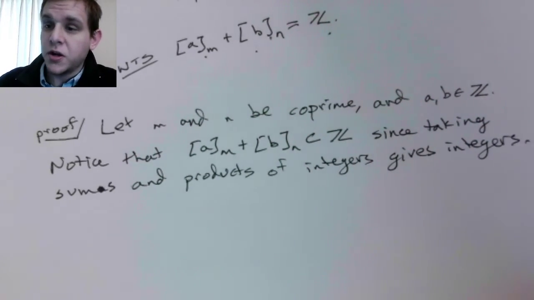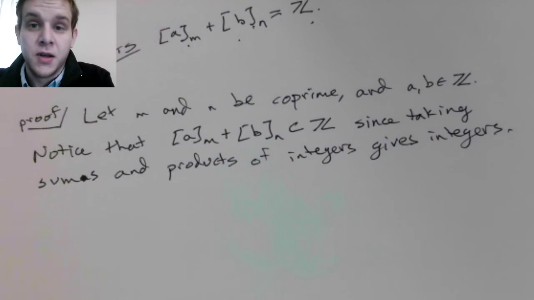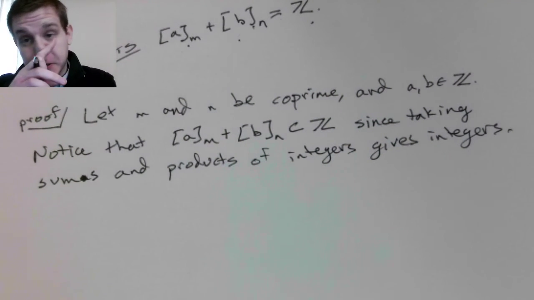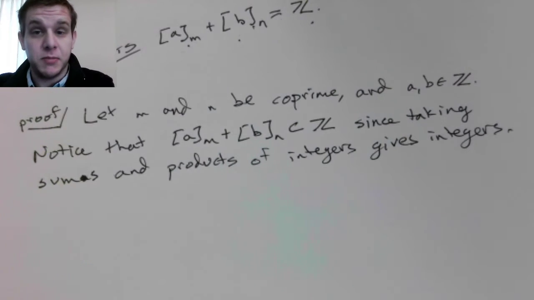The only thing that could cause us problems is if we divide, right? Sometimes if you divide one integer by another, you don't get an integer anymore, you just get a rational number, like 3 over 2 or 4 over 3.